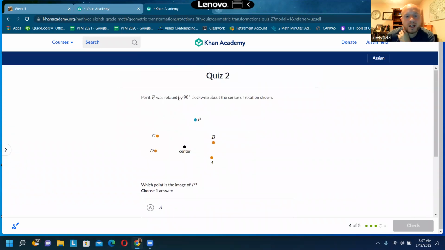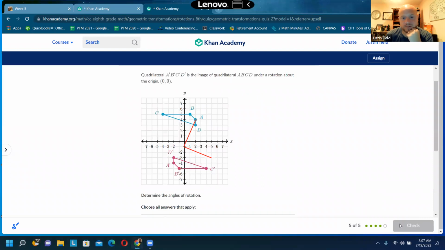Point P was rotated 90 degrees clockwise about the center. Okay. Point P, 90 degrees clockwise. So again, look at that. Boom. Like Spider-Man. It's got to be A, because you see the right angle there in the clockwise direction. Moving on.